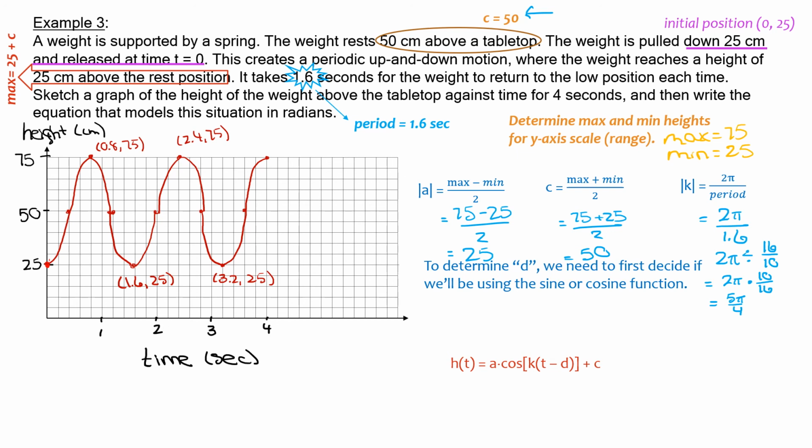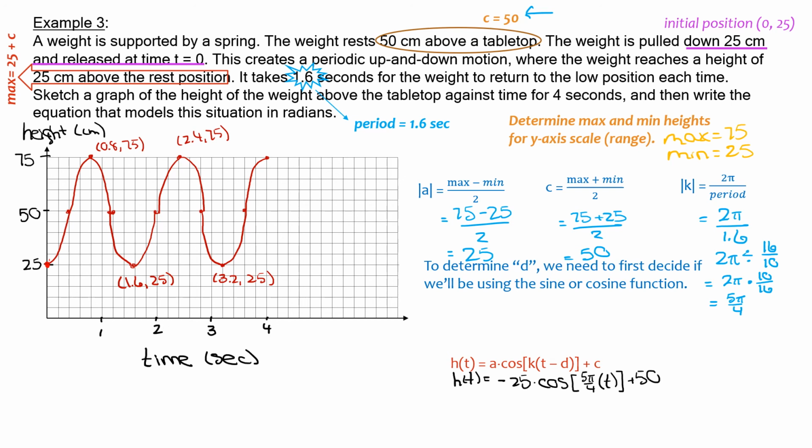H at t, so we can have a negative a value, that's negative 25 times cos, and our k value is 5 pi over 4, and then t minus d, in this case we're having a d value of 0, so this would just be a t here, plus c, and our c is a 50. That's one equation. Now let's do another equation.